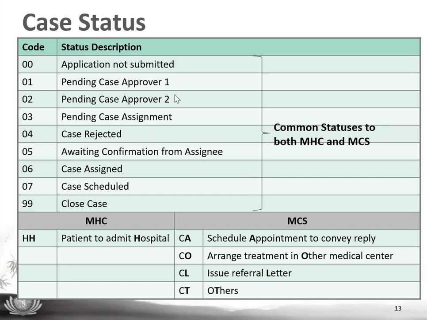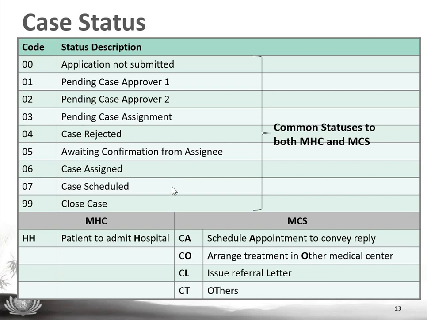03 shows the case is pending assignment to an appropriate medical specialist, and if the medical specialist needs to review the case to make sure it falls under his or her specialty, then the case will sit at 05. Once the medical specialist has confirmed that he or she will accept the case assignment, the status will change to 06. And if the time and date of the appointment is confirmed, then the system will show the status as 07.